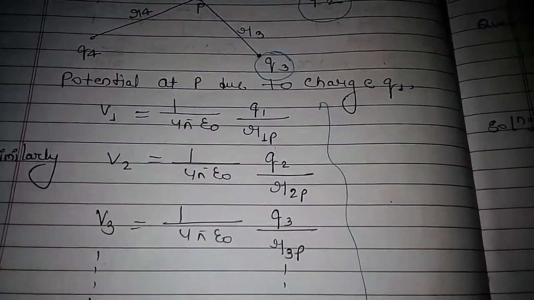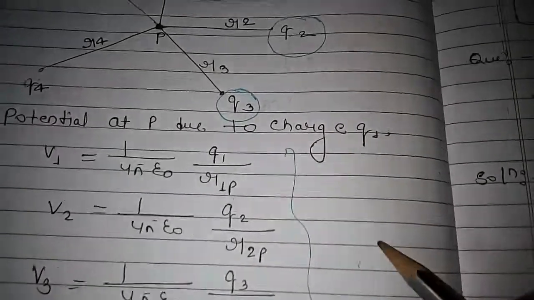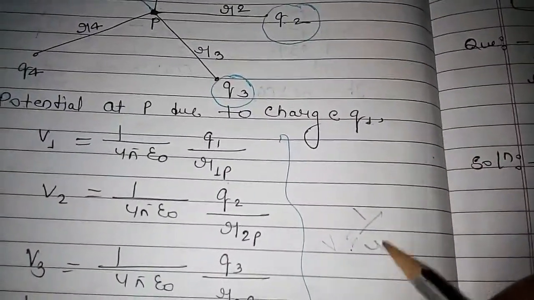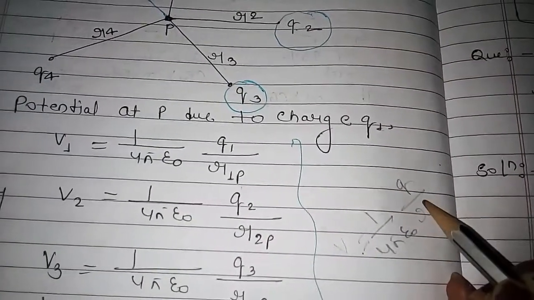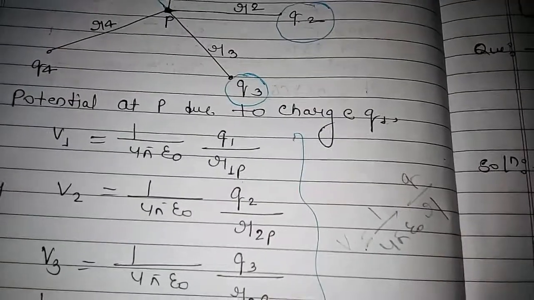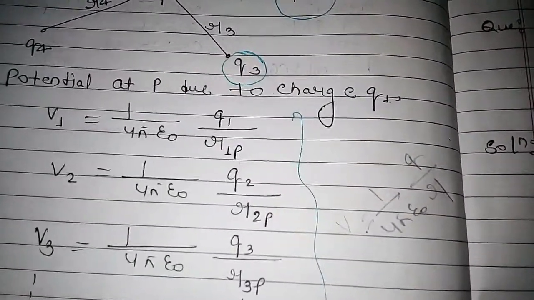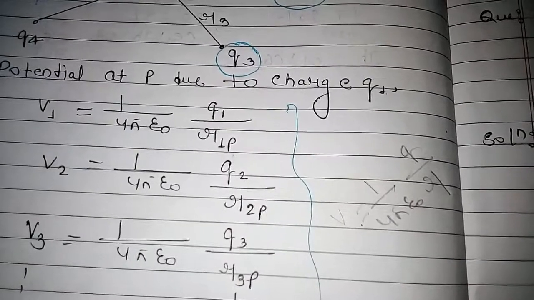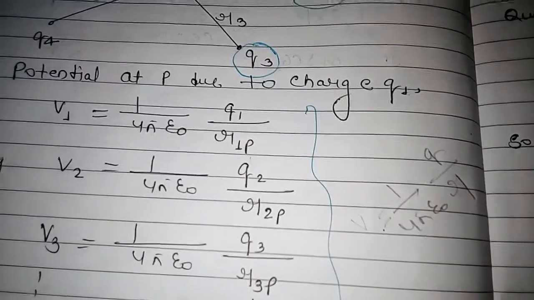Now what is the simple formula of electrostatic potential? V is equal to 1 upon 4 pi epsilon naught, Q divided by R. So this is the simple formula of electrostatic potential.